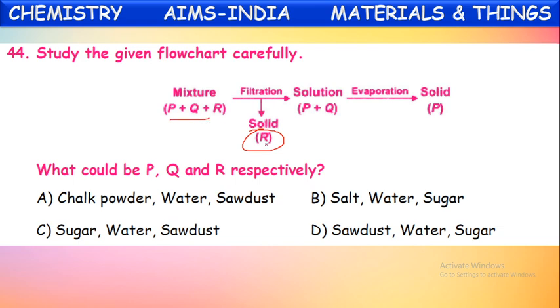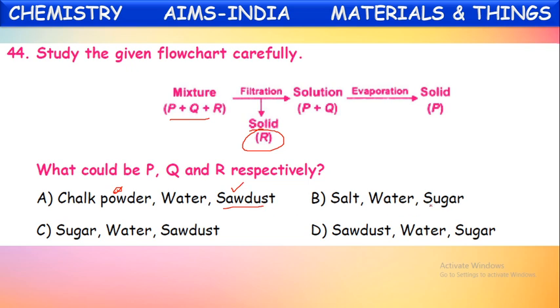So R should be an insoluble solid substance. In the first option, chalk powder is an insoluble solid substance. Sorry, it should be R, the last one: sawdust. Yes, sawdust is also an insoluble solid substance.